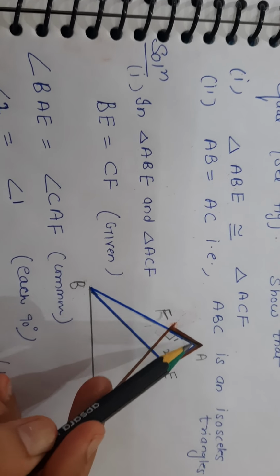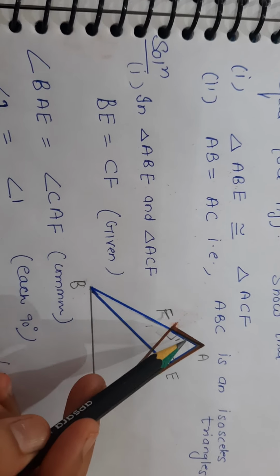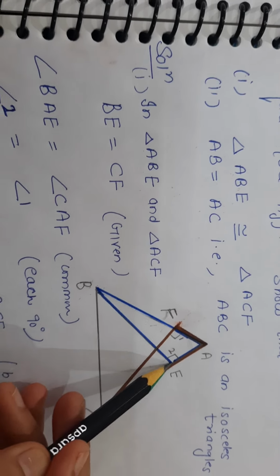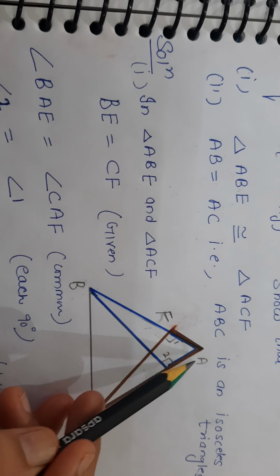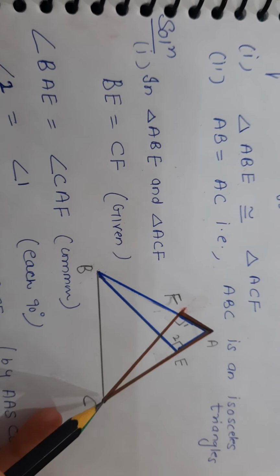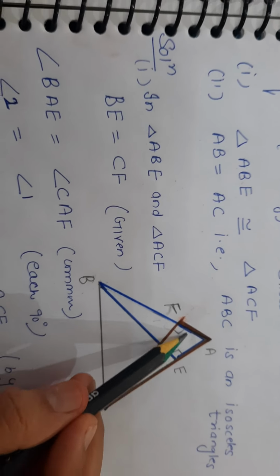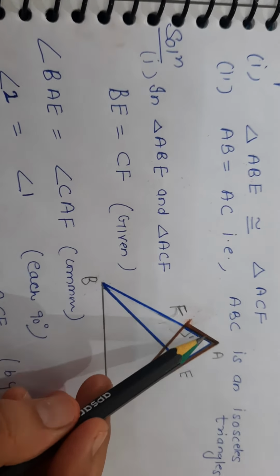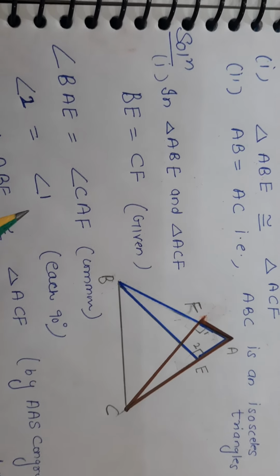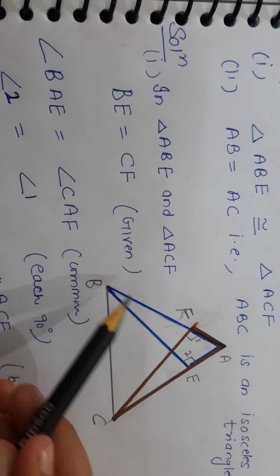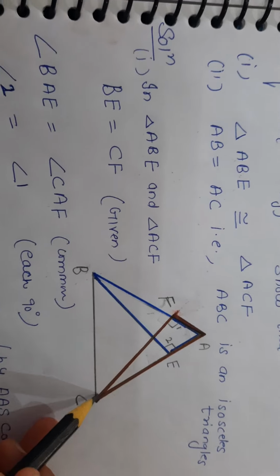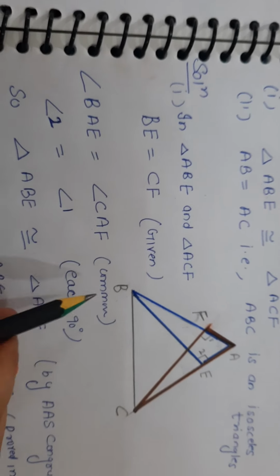This angle is common to both triangles, so I have written angle BAE is equal to, for the second triangle ACF, angle CAF. You can also give the name angle 3 here and write angle 3 equal to angle 3 common, but I have written angle BAE is equal to angle CAF common to both.